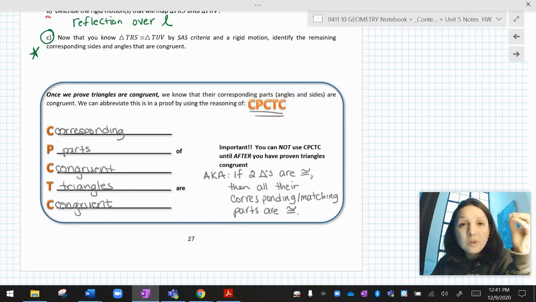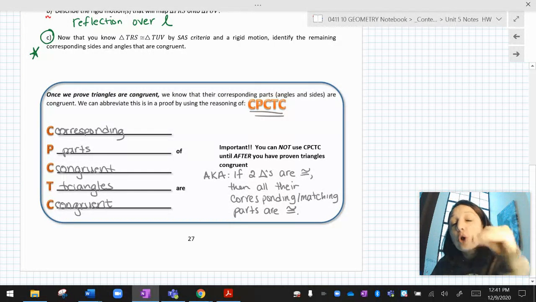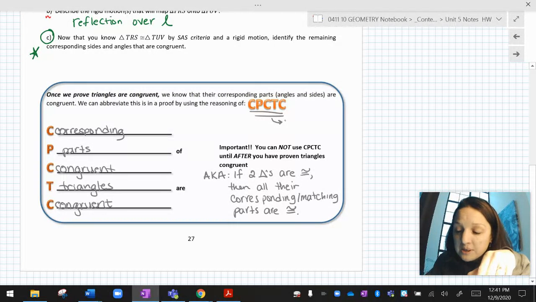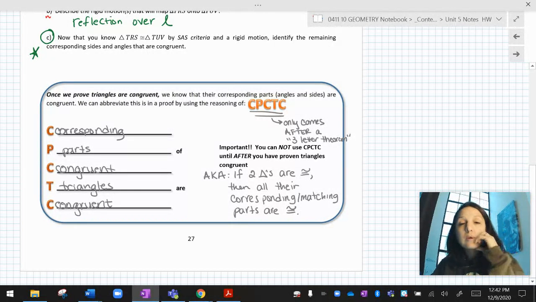Even if you haven't been told it, now that you know they're congruent, everything lines up. What's important is that it says corresponding parts of congruent triangles are congruent, so you need to know that the triangles are congruent before you use CPCTC. So CPCTC only comes after a three-letter theorem. Okay?